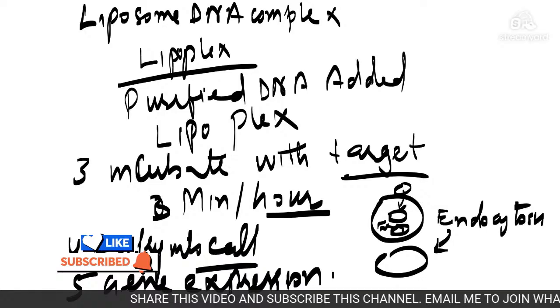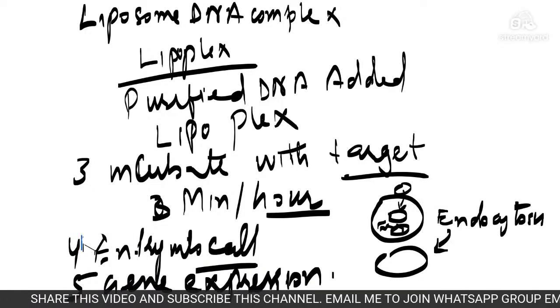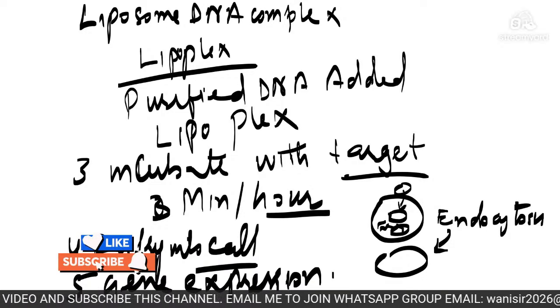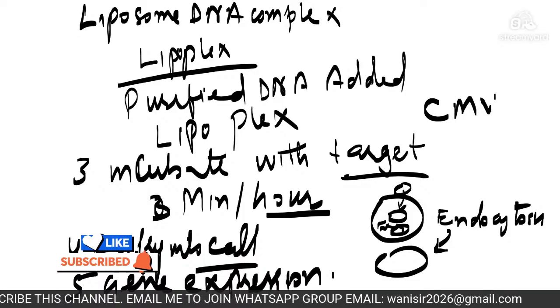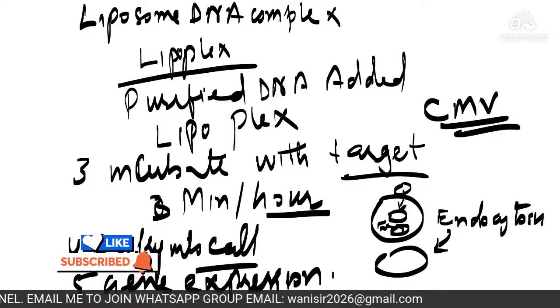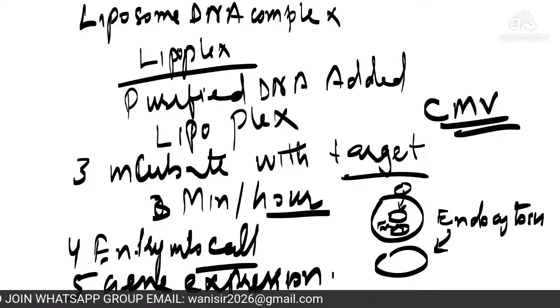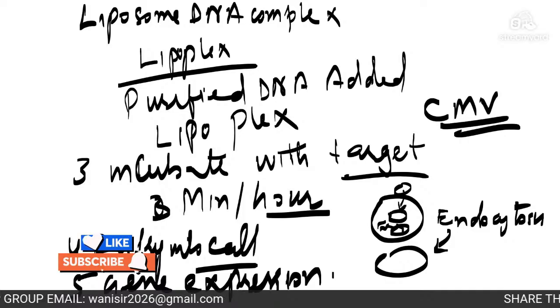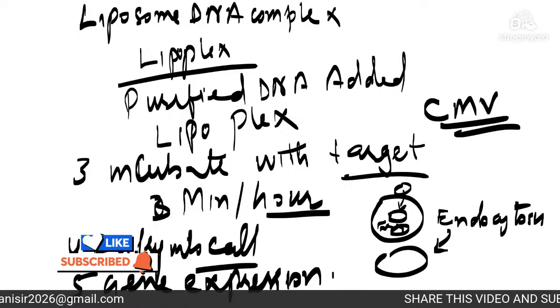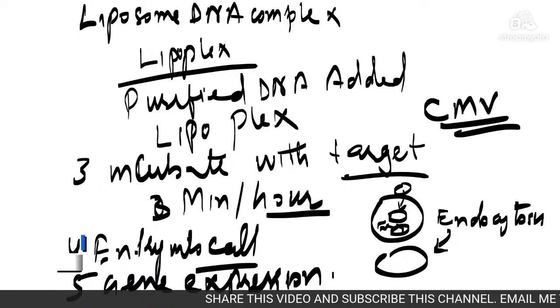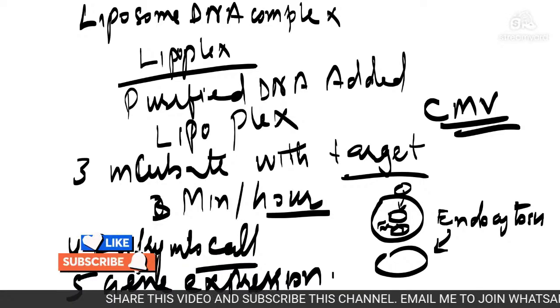DNA reaches the nucleus, and if the plasmid has a functional promoter like CMV, then the gene is expressed. In simple terms, liposome-mediated gene transfer uses cationic liposomes to bind the DNA and form the lipoplex, which enters the cell and delivers the gene for expression.